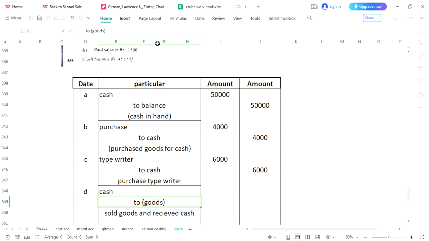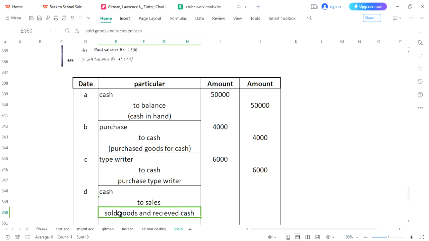In place of goods, you write working. What working are we doing? We are selling goods over here. So instead of goods, you will write sales. And again, if you don't like this word goods over here, you can remove it. But if you want to write it for your memory, you may write it at the beginning. So the entry we have completed is cash to sales.